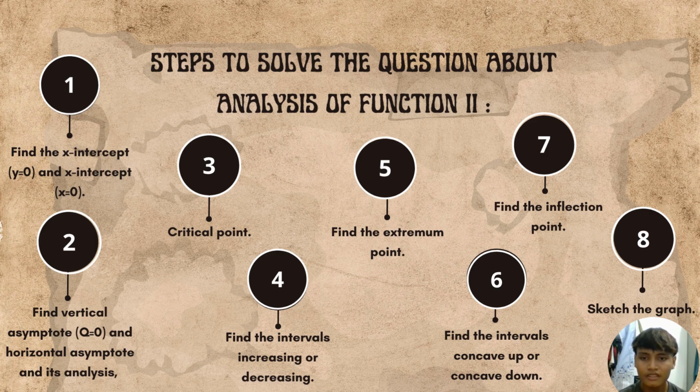The third step is to find a critical point, and the next step is to find the intervals increasing or decreasing. The next step is to find the extremum point. And the next step, find the interval which is concave up or concave down. The next step is to find the inflection point, and the final step is to sketch the graph.